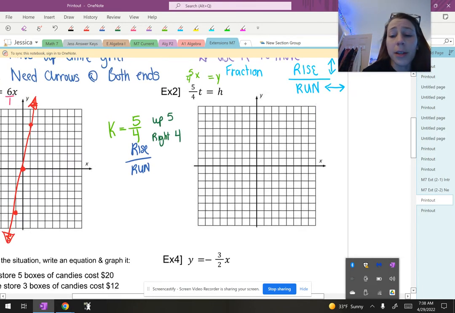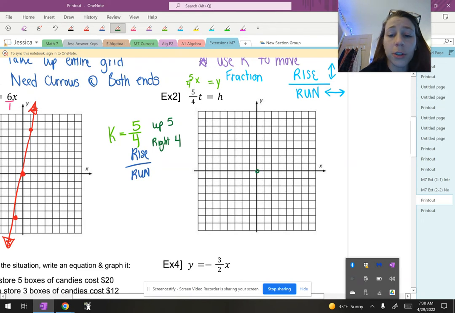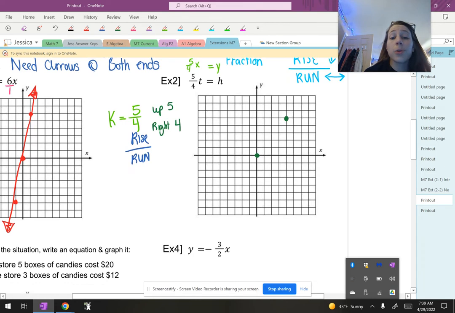Again, starting at my 0, 0 point, my origin, and then going up 1, 2, 3, 4, 5, right, 1, 2, 3, 4. And there's my next point. And if you had room, you could just keep going up 5 and then to the right 4.